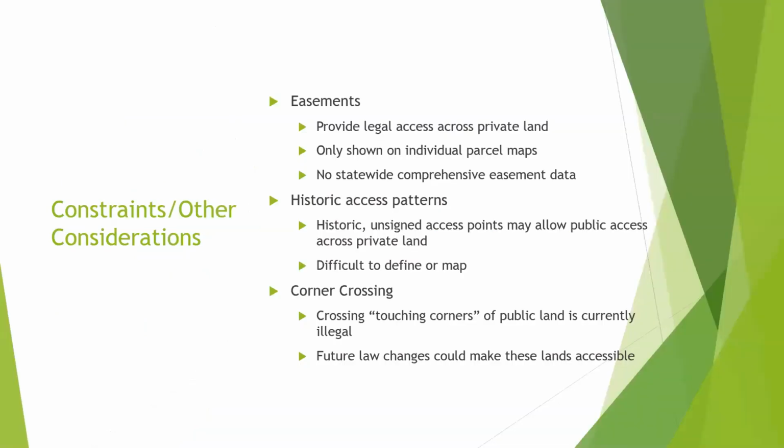Here are some constraints that I ran into that all have the potential to lead to an overcount of landlocked public parcels. These are inherent in the analysis, and I don't know that there's anything I can do about them on a large scale. The first issue is easements, which have the potential to allow legal access across private parcels.